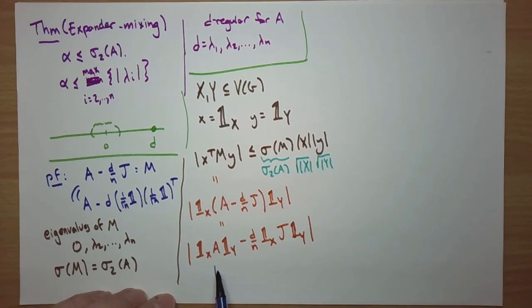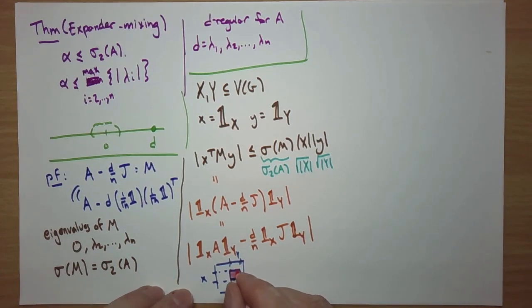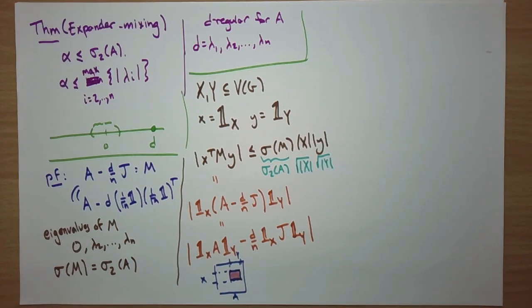Picture-wise, you have your matrix A, and then there's a set X and a set Y. You look at the submatrix and add up everything that's in the box.